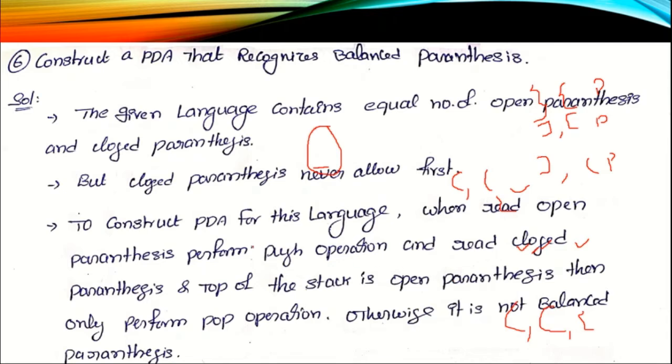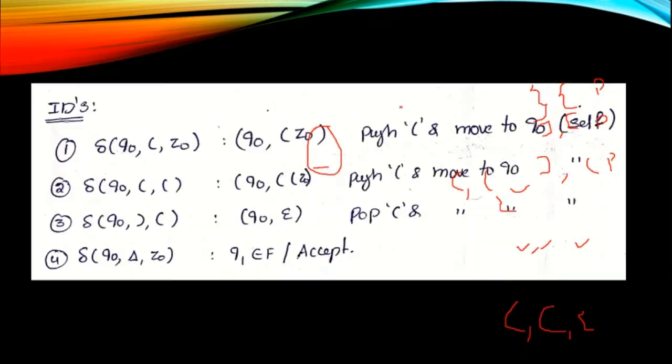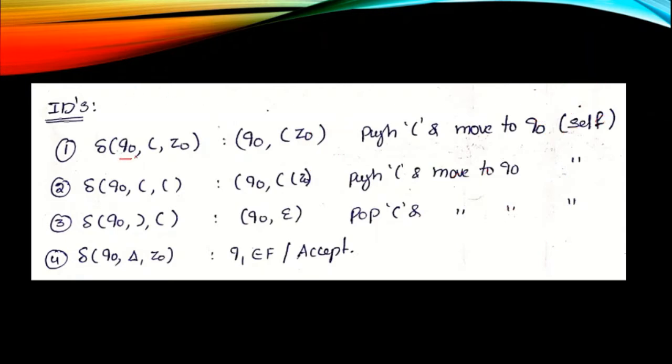So just now we discussed, when we read an open parenthesis then perform the push operation, and when we read a closed parenthesis then perform the pop operation. So these are the IDs for this language. From the initial state, the input is an open parenthesis and the top of the stack is Z naught, then perform the push operation. The open parenthesis will be pushed into the stack and we go to the same state.